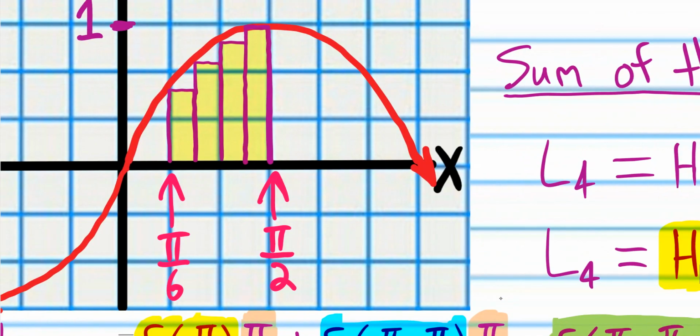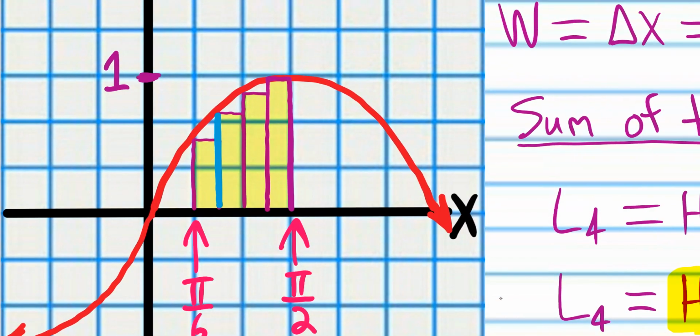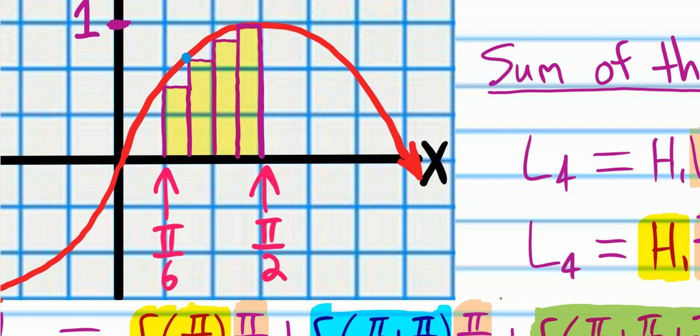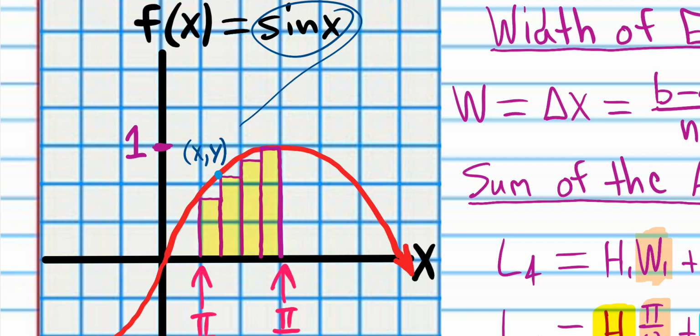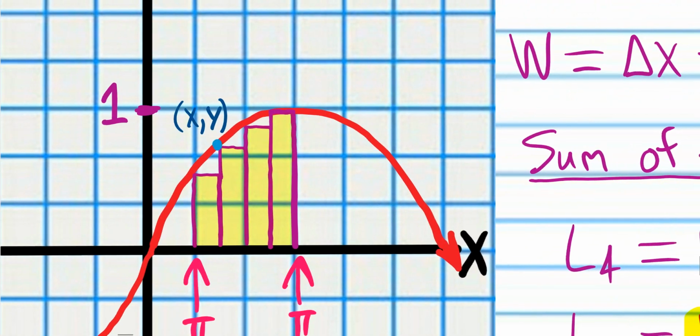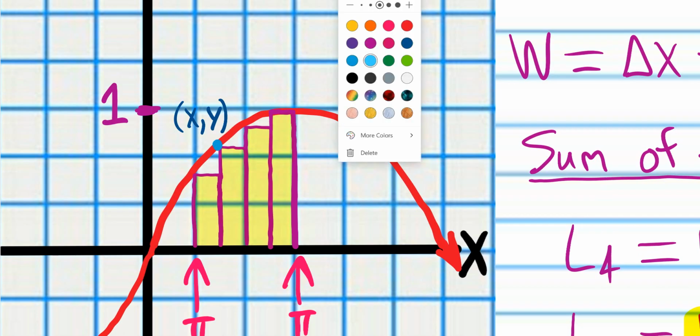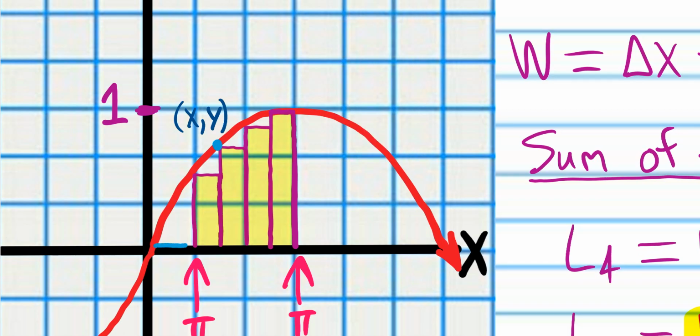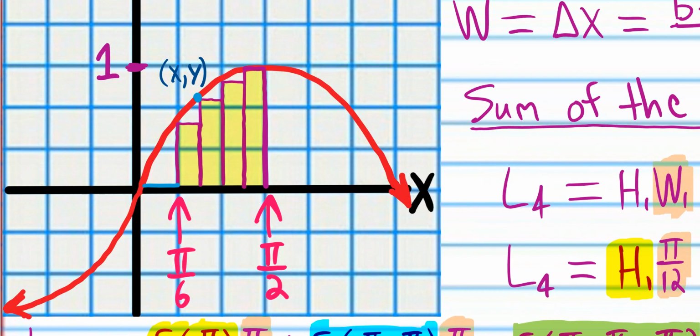Okay, so now let's find the height of the second rectangle. That's this length here. We have to find the x value of this point, plug it in, and then that'll give us the y value of the point, which is the height of the rectangle. So what we have to do is count out pi over 6 and then add a width, add pi over 12, because that's the width of that rectangle, right?